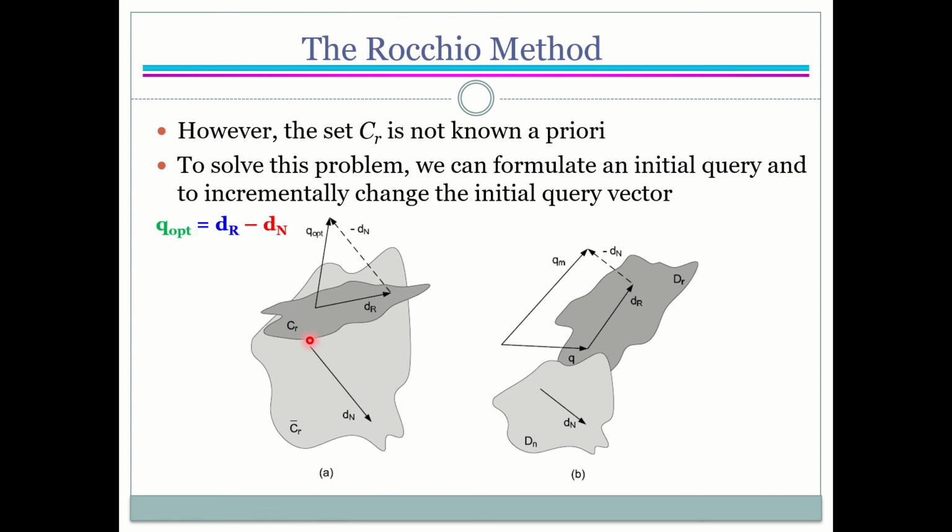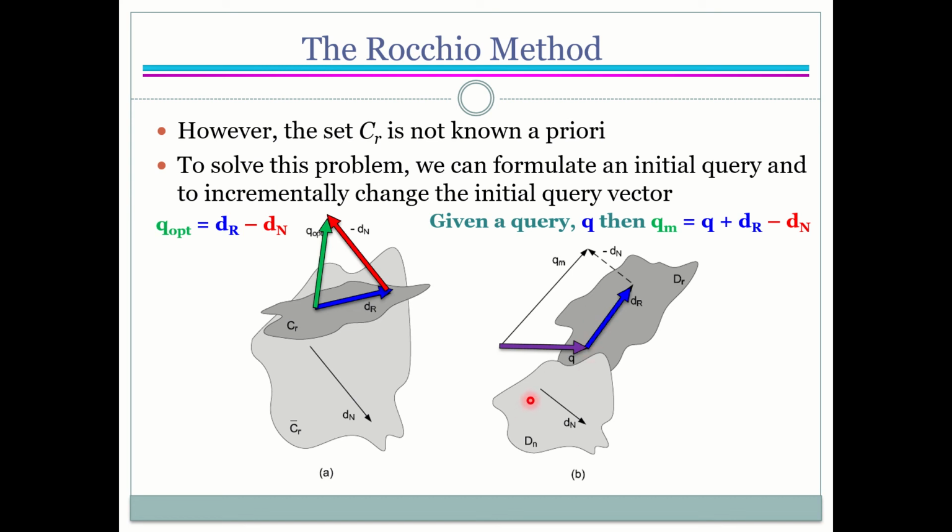In order to get the optimized query, we take the relevant documents minus the non-relevant documents. Then we get the optimized query here. But if we have our initial query, given a query Q, then we start with this query Q. So we need to add the vector of the set of relevant documents and then subtract the set of non-relevant documents. Then we can get the modified query.